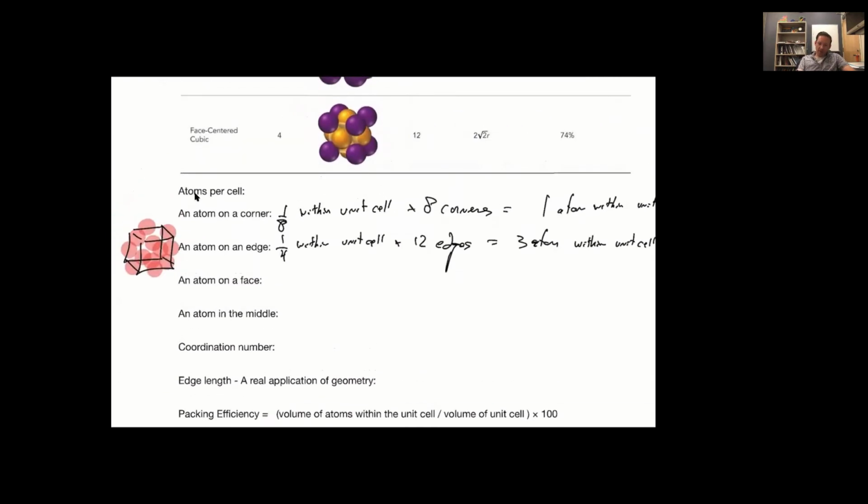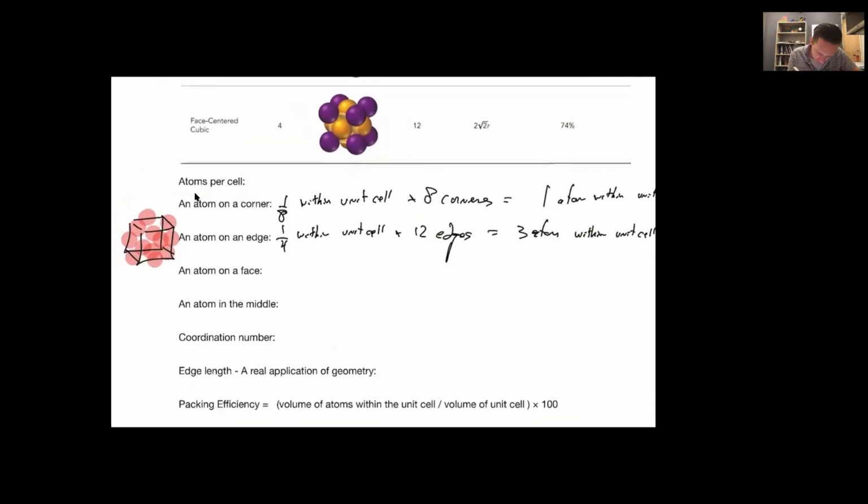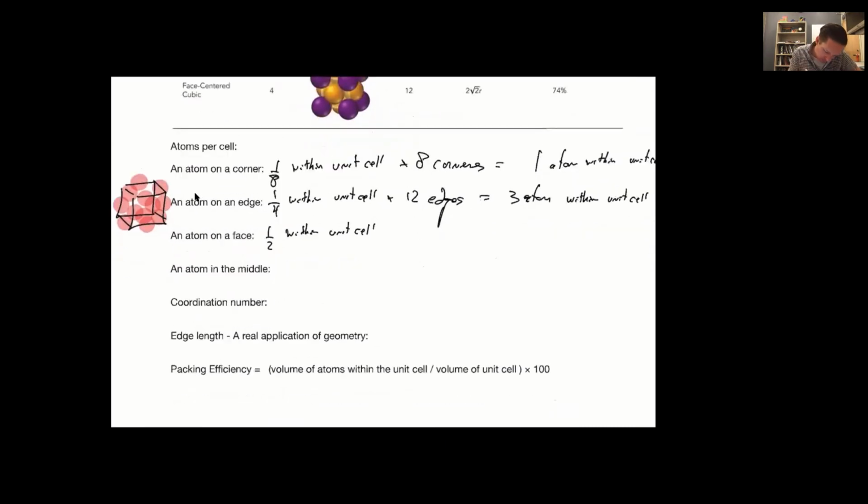An atom on the face, this one's really easy. Half of the atom is within the unit cell. So you have your unit cell here, and you got 1 atom right on the face. I'm going to try and show it on the bottom face. Then half the atom is inside that unit cell.